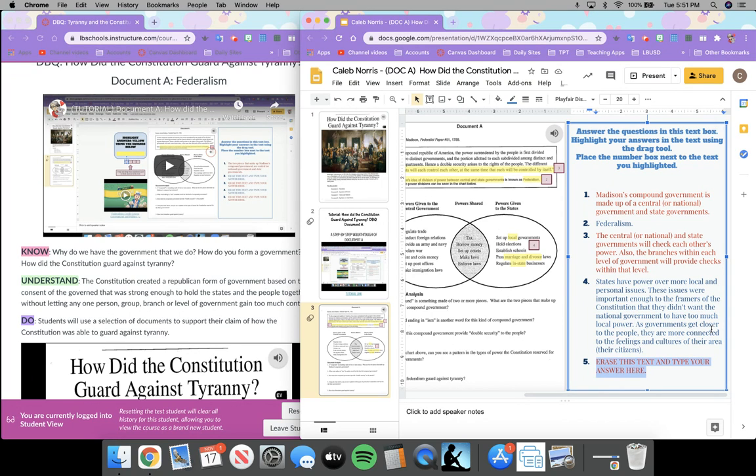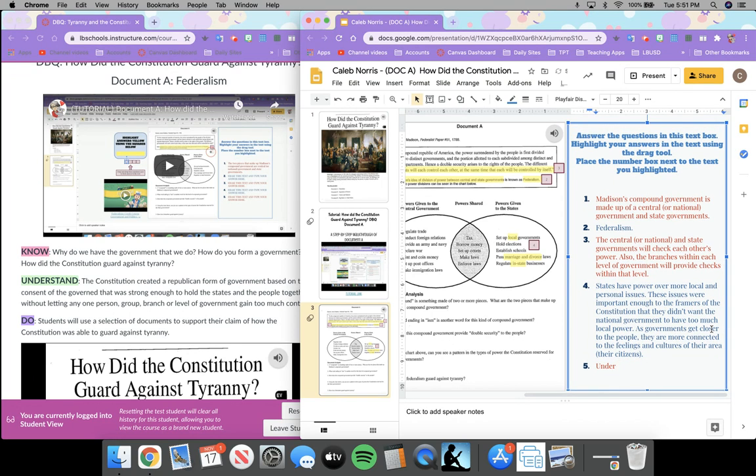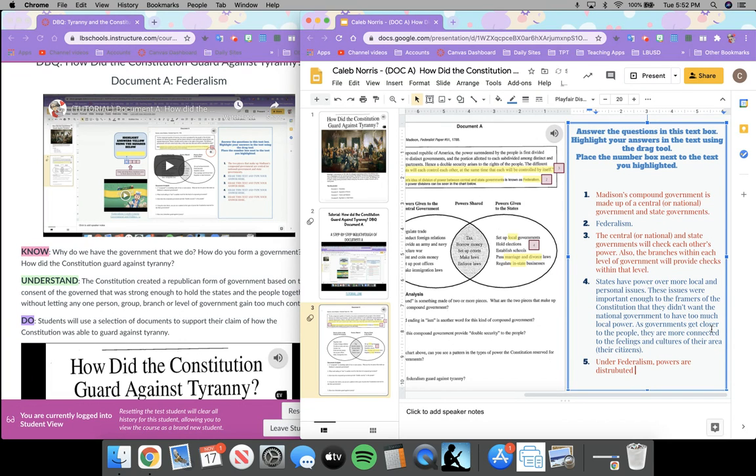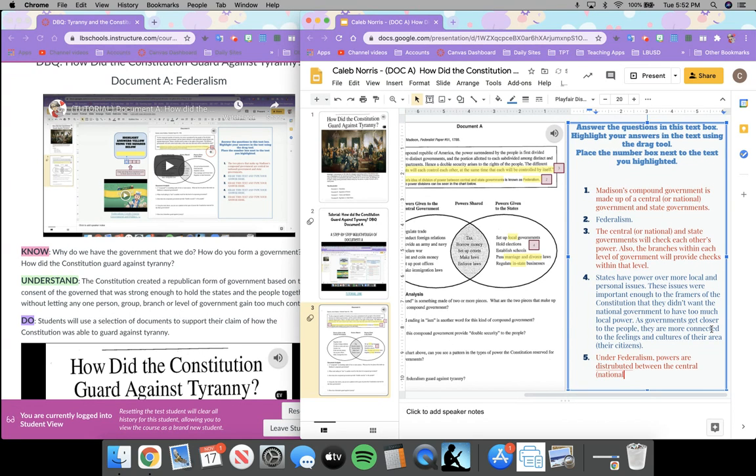Okay. So under federalism, powers are distributed between the central, and then again, just so I make sure, national government and the states.